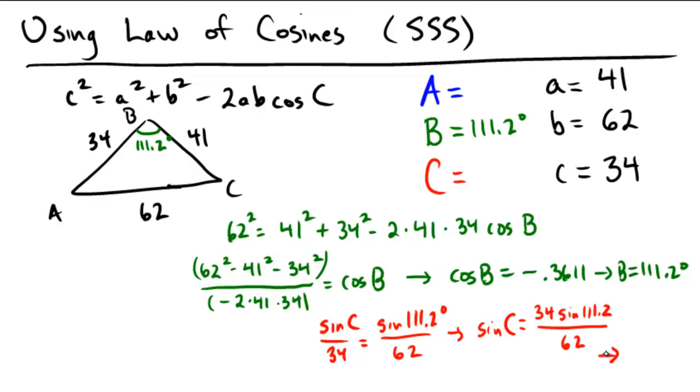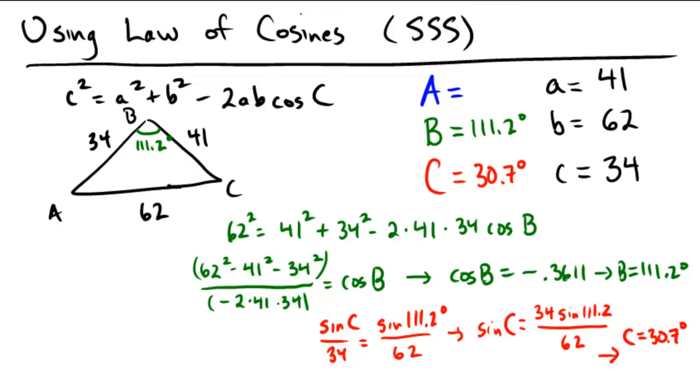Okay, I'm going to grab my calculator. 34 times the sine of 111.2 divided by 62 should be about 0.5113. I'm kind of cramped on space here, so I'm going to inverse sine just to get the angle, because that's really what we're after. Hopefully if you're following along, you got an angle of 30.7 degrees. Fortunately, we still have one more piece to do, and that last piece is just the third angle.